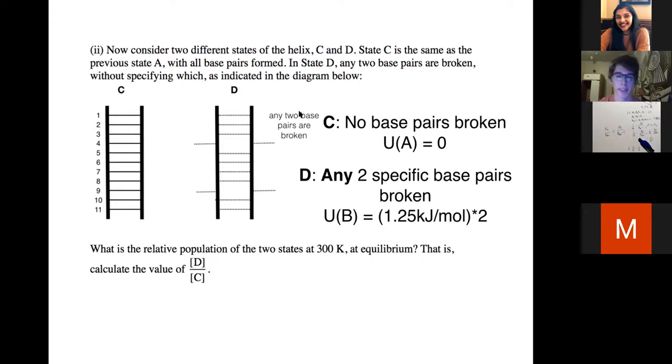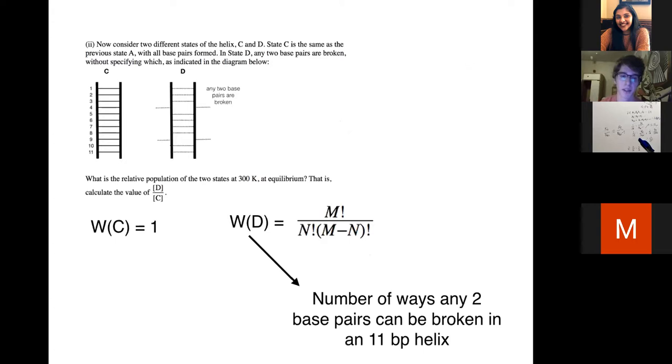And for D, in each given microstate, there'll still be 2 base pairs broken. So now what we'd have to consider is the number of ways each state can happen, and that'll contribute to the relative population. So for state C, there is one way it can happen, because there's only one way that you can have all the base pairs formed.